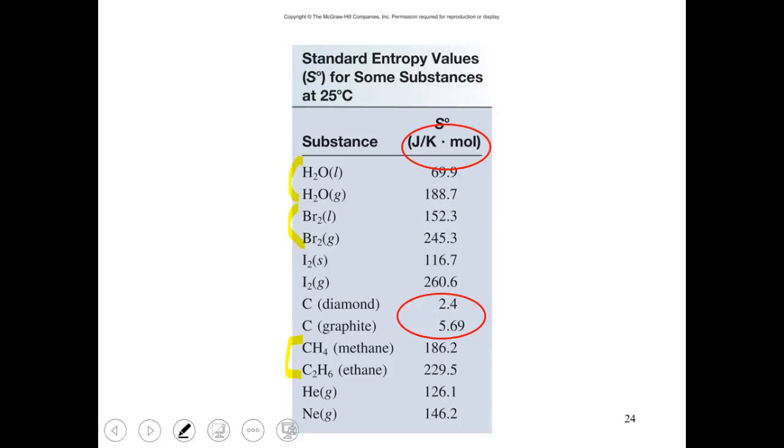The last one I want you to look at is the comparison of helium and neon. Notice that neon has a larger entropy. Now, these are monoatomic species, so the only difference between them really is the sizes of the atoms.